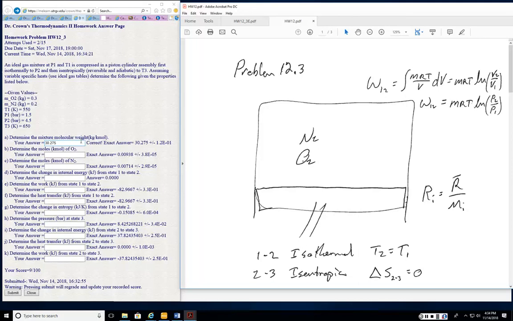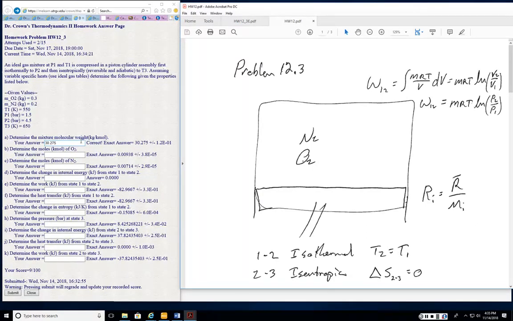So if I take oxygen, molecular weight's 32. That's m over n, and so I have one unknown. So if I divide the mass by molecular weight, I'll have moles.